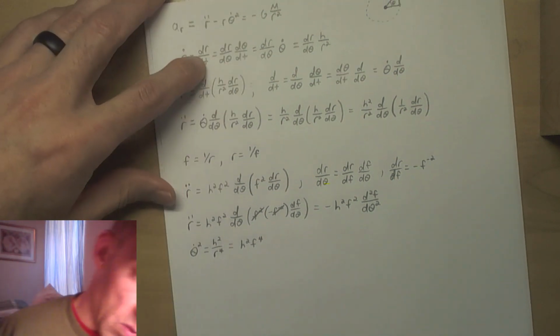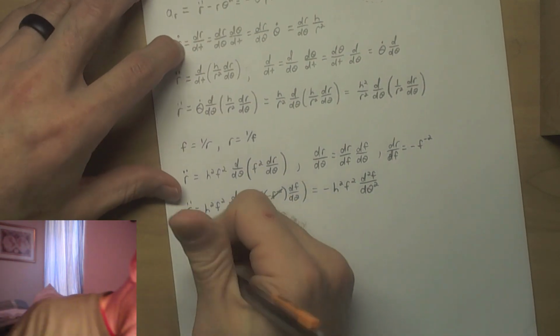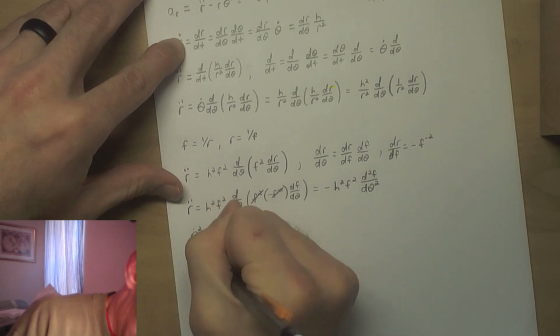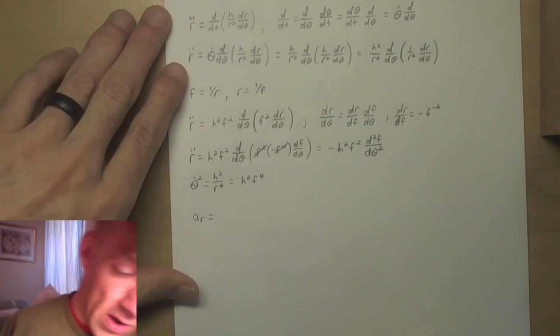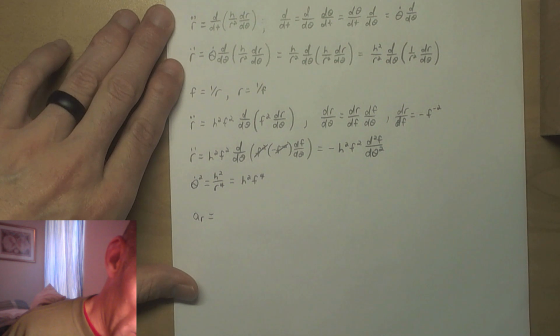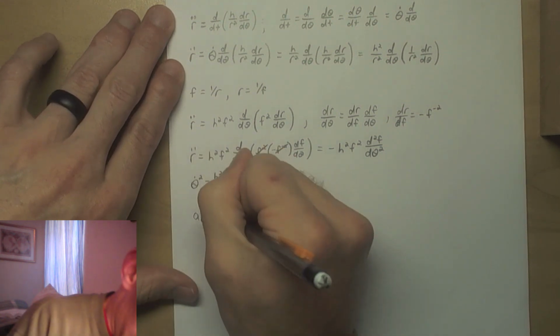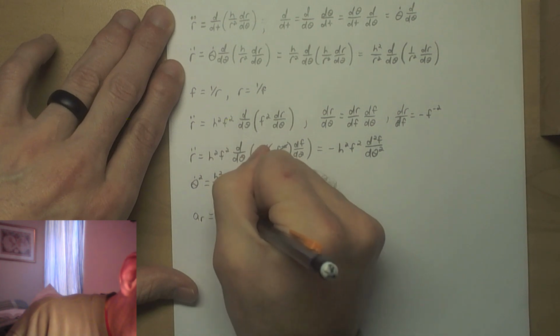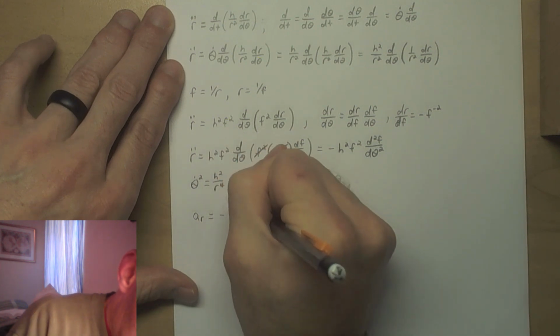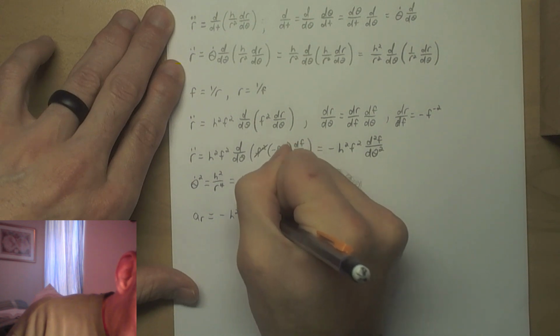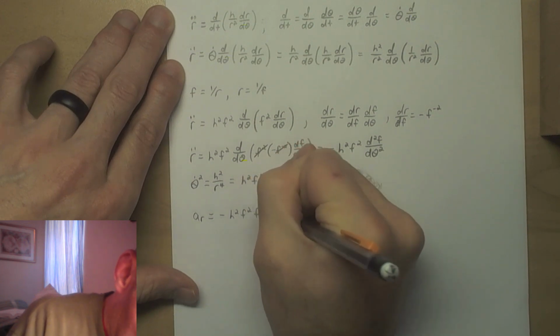Now AR, the radial component of acceleration, is r double dot, which is negative h squared f squared f double prime of theta.